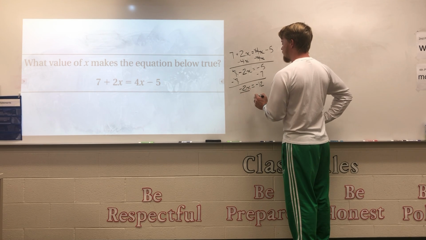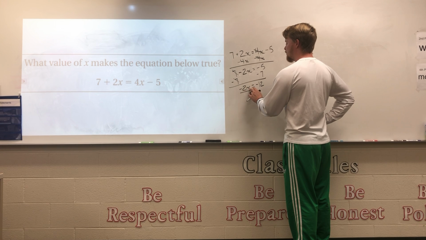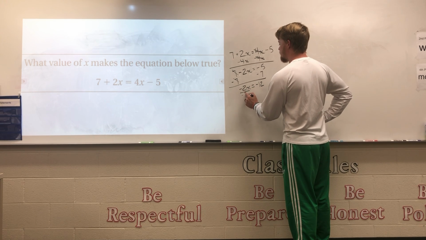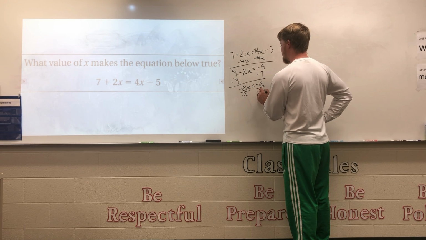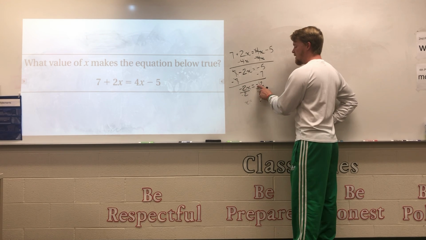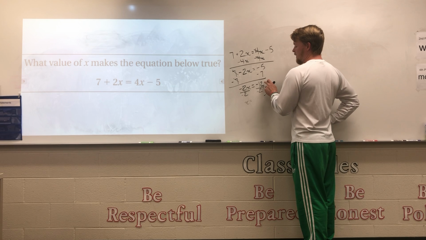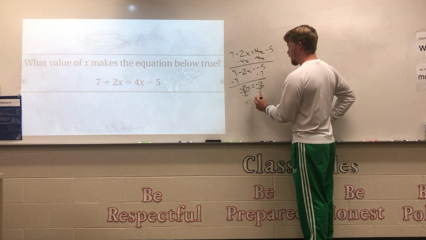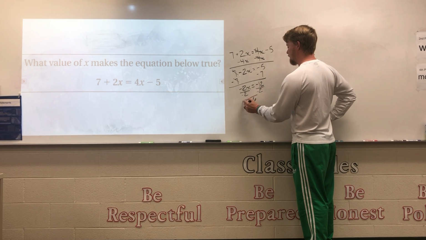Last step to get x by itself, negative 2 is being multiplied by x, so we do the opposite, which is divide by negative 2. So x equals, negative divided by negative is a positive, so negative 12 divided by negative 2 is 6.